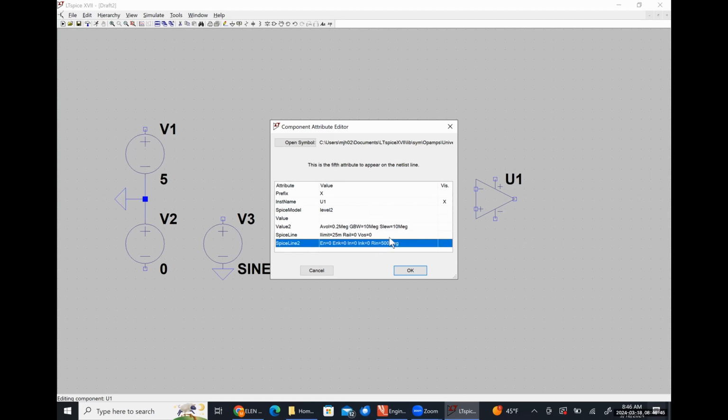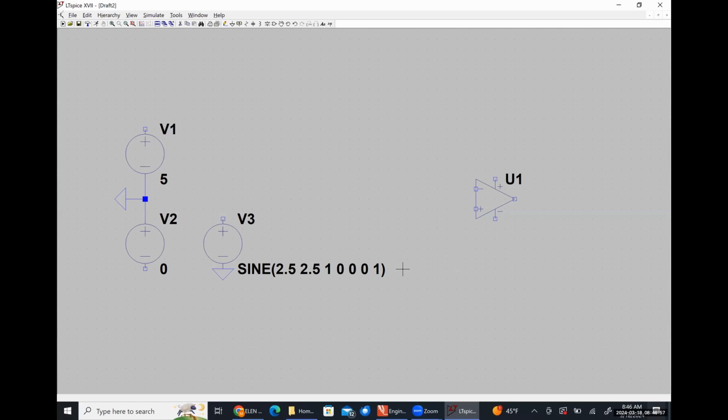Our input resistance down here says it's 500 mega ohms. We could change that to 2 mega ohms if we wanted to, and really it's not going to make much of a difference. And then our output resistance, we really can't change that directly. We would just have to change the limit on the current that can flow out of the output. But anyway, changing those parameters really isn't going to make much of a difference here.